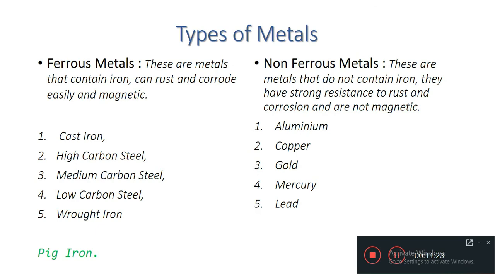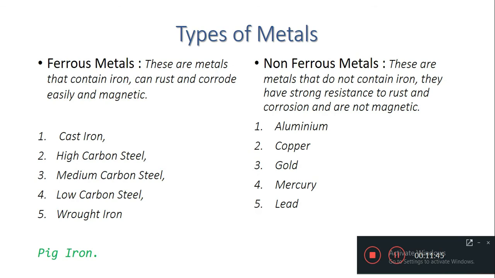Examples of these metals are cast iron, high carbon steel, medium carbon steel, low carbon steel, and also wrought iron. So we have these metals that you have to look out for.